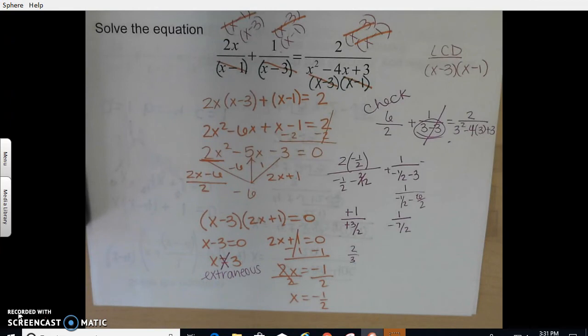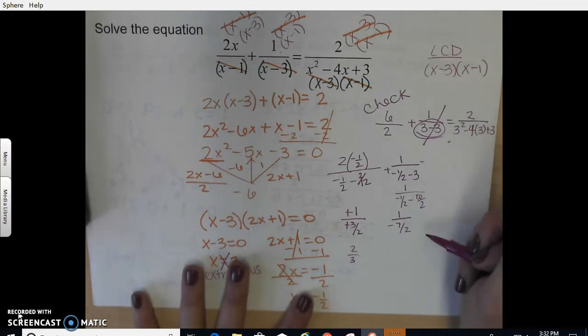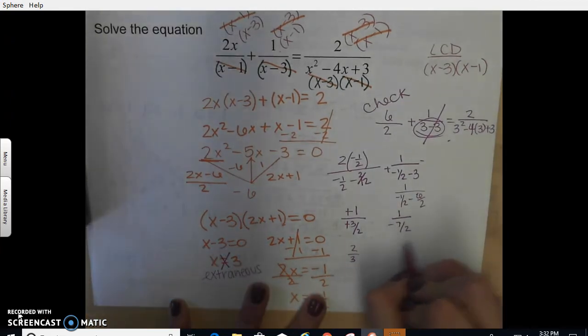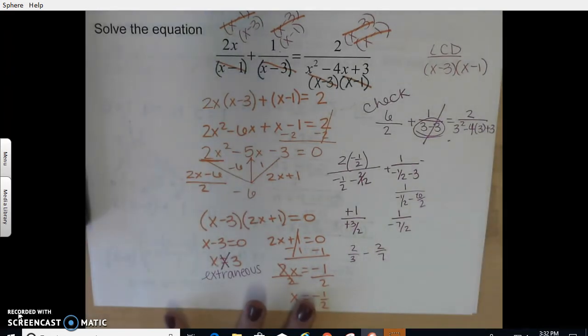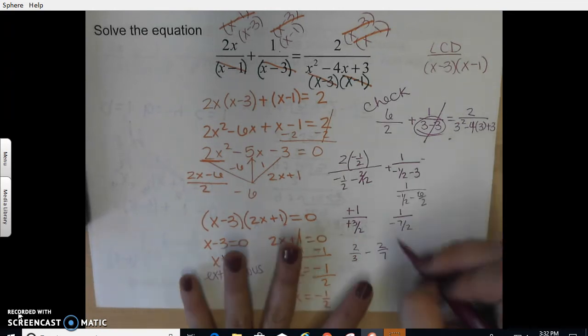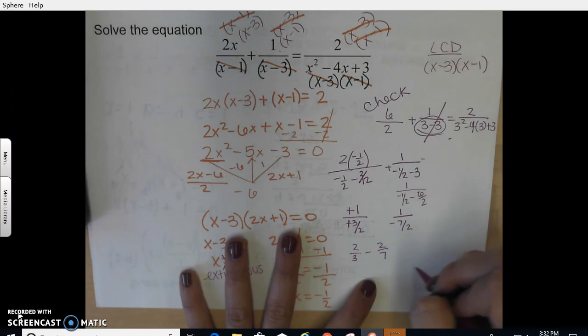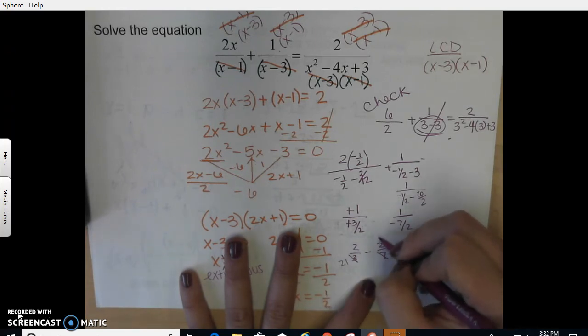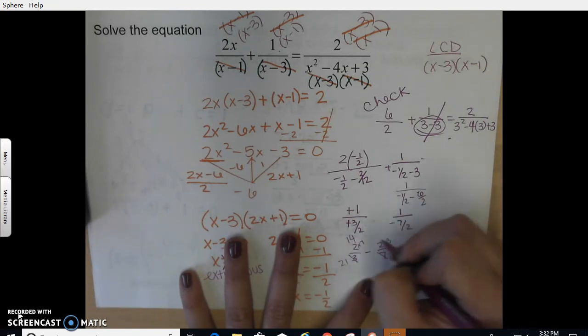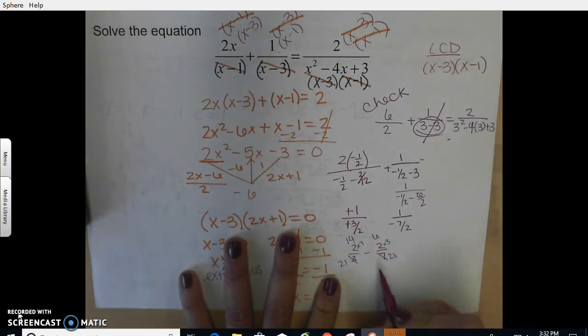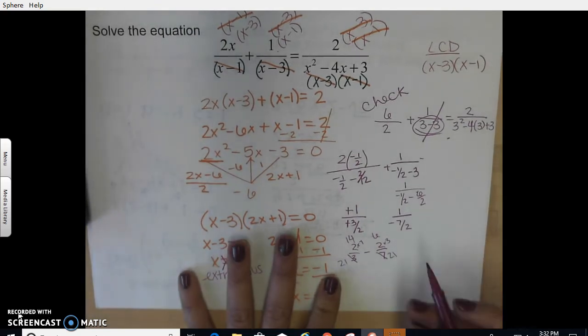And I would flip that fraction because I'm dividing by a fraction, to get minus 2 over 7. You need common denominators. 14 minus 6.